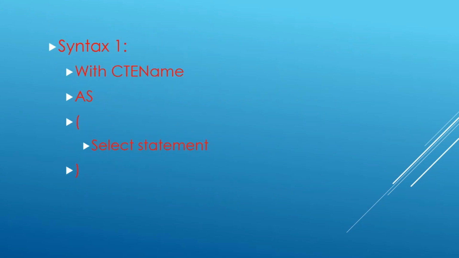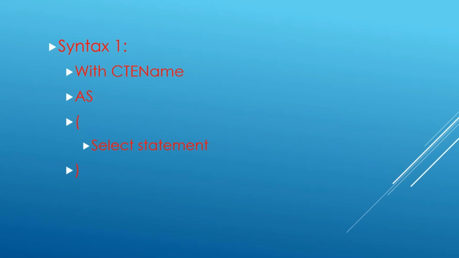So what is the syntax of CTE? The syntax is: a CTE starts with the WITH keyword, and after that comes the CTE name, then AS, and in brackets a select statement. Okay, and this is one syntax.